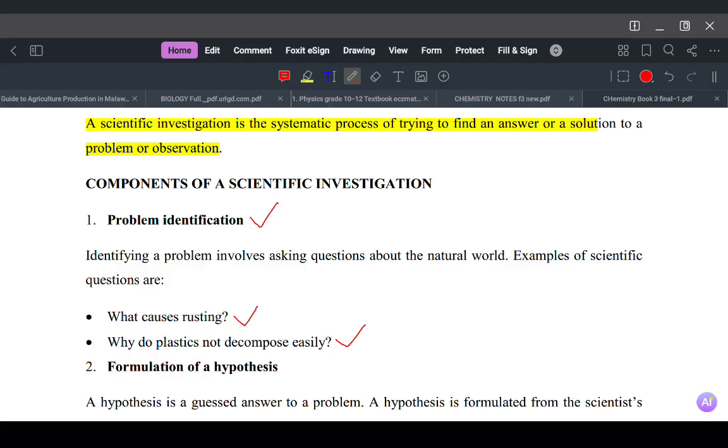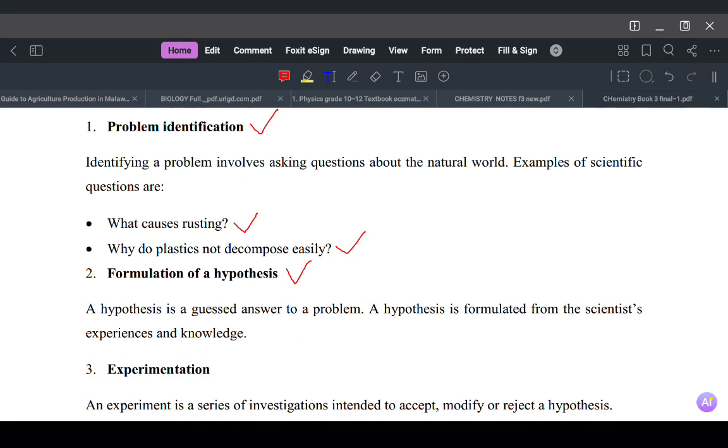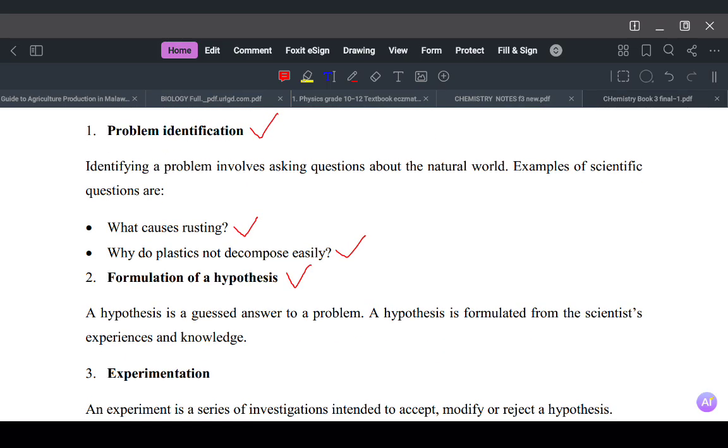Then, having identified the problem, you formulate what is called a hypothesis. All right. A hypothesis is basically a guessed answer to a problem. A hypothesis is formulated from the scientist's experience and the knowledge.